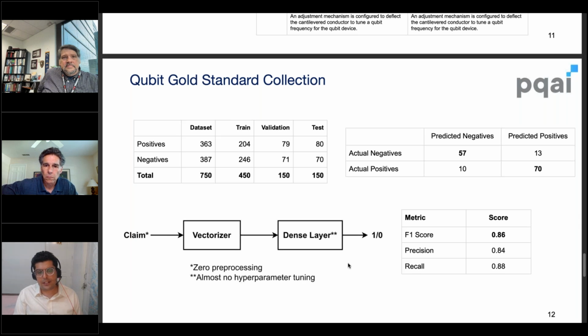This is a realistic scenario where if you pull the vectorizer right now from the PQAI repository and you put a dense layer in front of it, you are going to get these scores. You will get an F1 score of 0.86, precision and recall again in the same range. And this is the confusion matrix, the correctly predicted ones and the wrongly predicted ones from an actual set of 150.